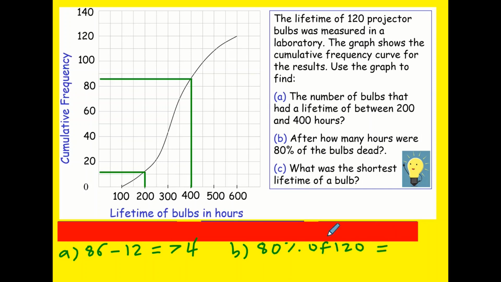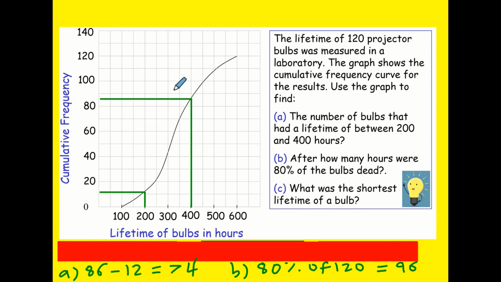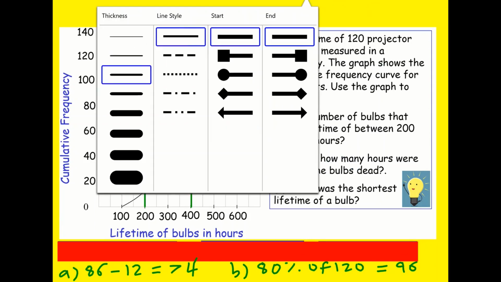You can use a calculator for this. 10% is going to be 12. 8 times 12 is 96. So I'm finding the lifetime at which the 96th bulb has died.